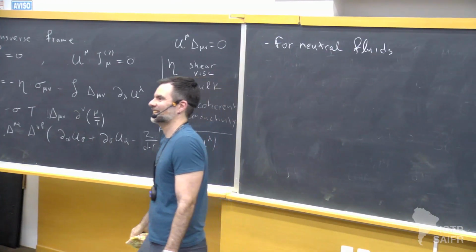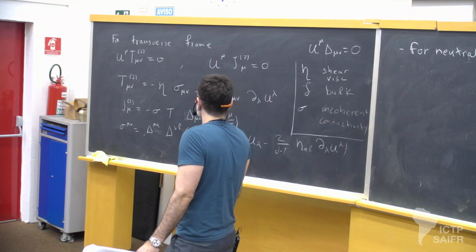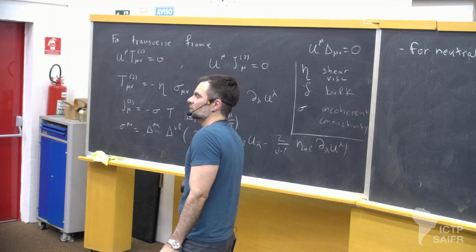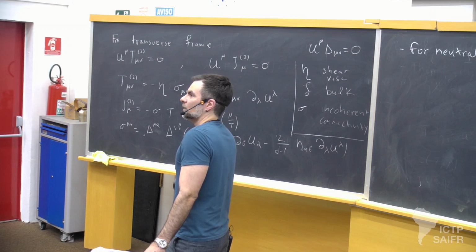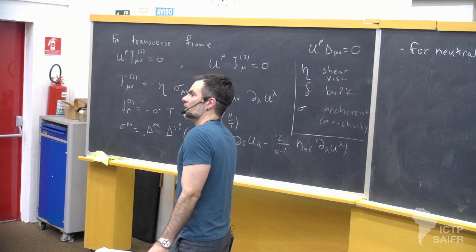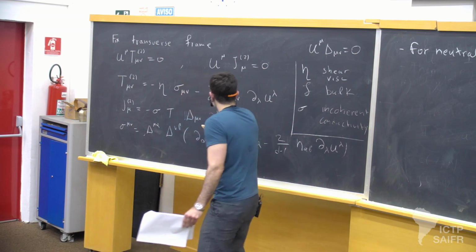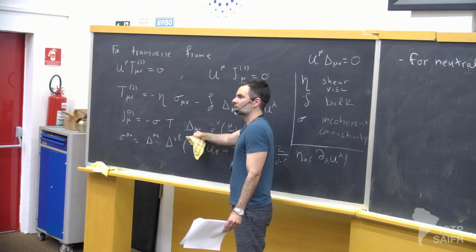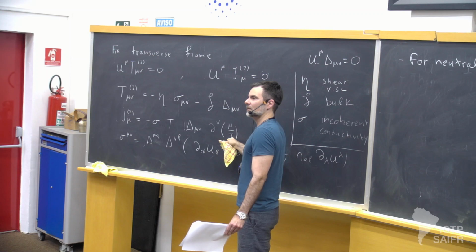So in the expression for J mu 2, there is this gradient of mu over T, with mu being a chemical potential, right? Didn't we set it to 0 at the beginning of the derivation? We set the background value, but not the fluctuations. So it should be delta mu or something like that.